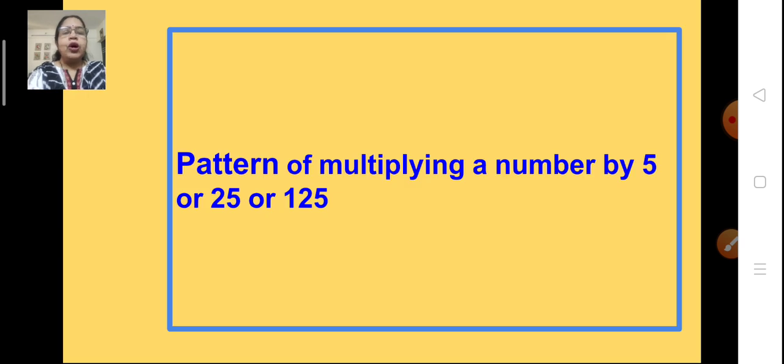Now let's move on to the next one. Pattern of multiplying a number by 5 or 25 or 125. That means the numbers that end with 5, or which have 5 in the ones place. So how do we solve them?